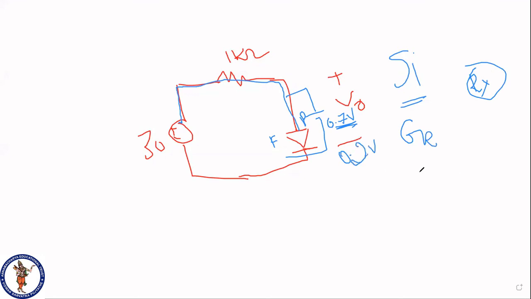If it is an ideal diode, no matter what, then the voltage is 0 volts. So the 0.7 volts will drop across the diode, equal to V naught, and the rest of the voltage will drop here, which is 29.3 volts, across the 1 kilo ohm resistor.